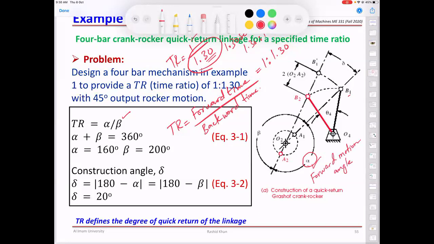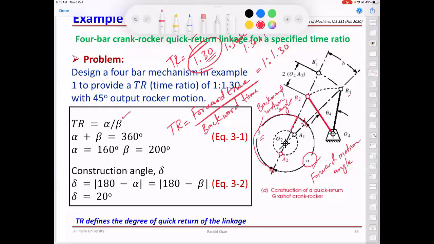On the other hand, beta is again the angle between O2 B1 and this line, O2 B1 prime, but this complete angle, from here to here. So this is called the backward motion angle, okay?